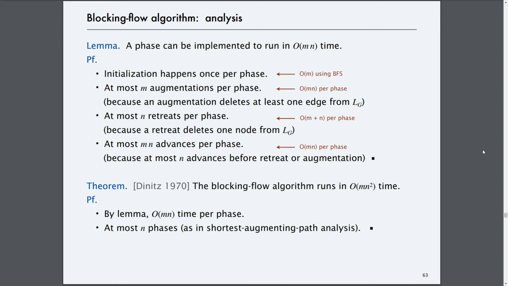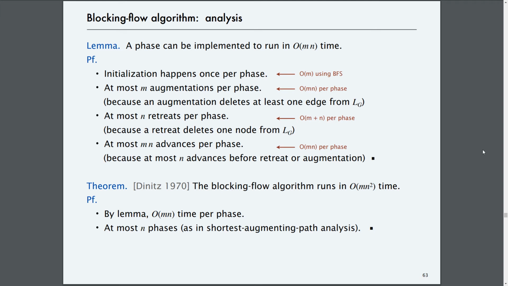These phases can be implemented to run in O of m times n time. First we initialize, which takes O of m time using BFS. We have then at most m augmentations per phase, so that's O of m times n per phase.